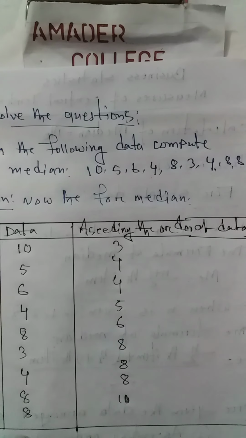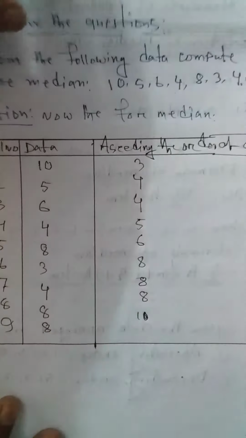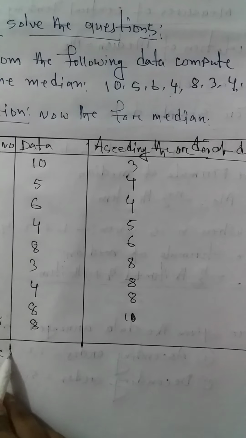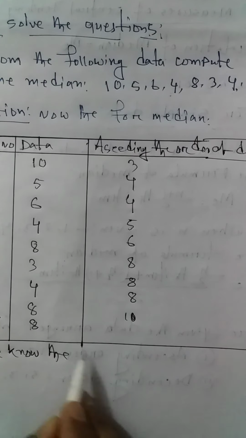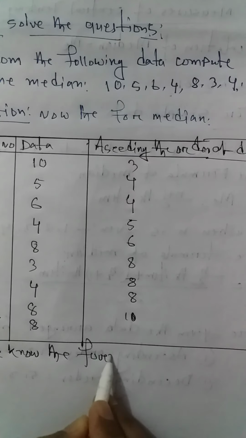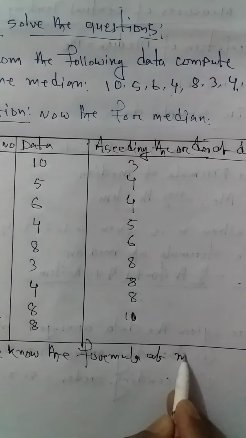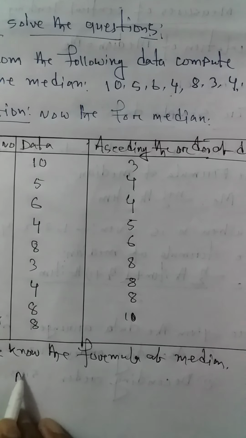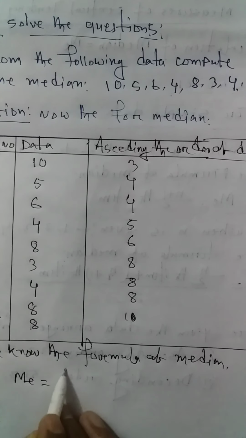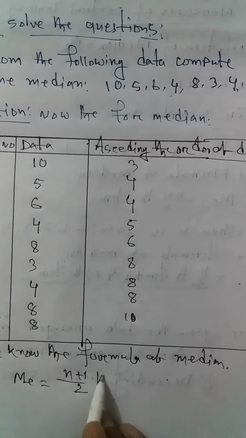Okay, now we write the formula for the odd number. We know the formula of median: ME is equal to (n plus 1) by 2 the observation.